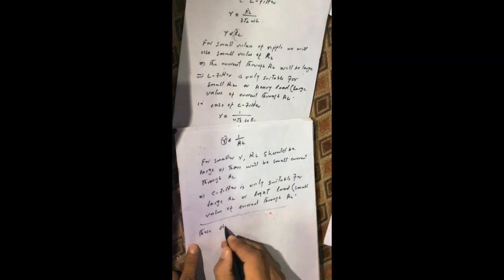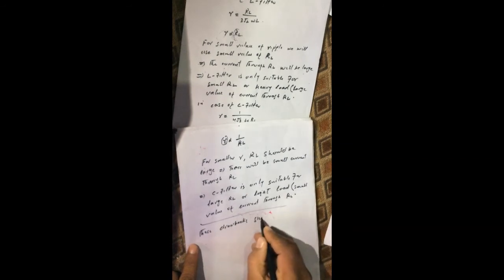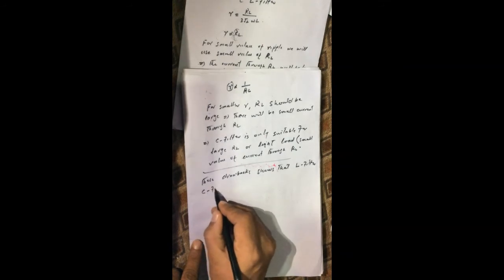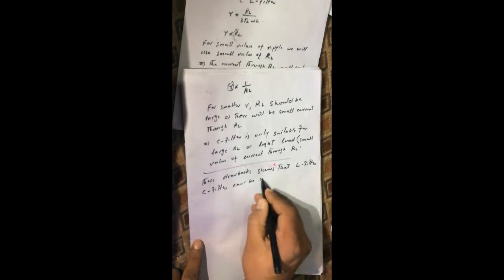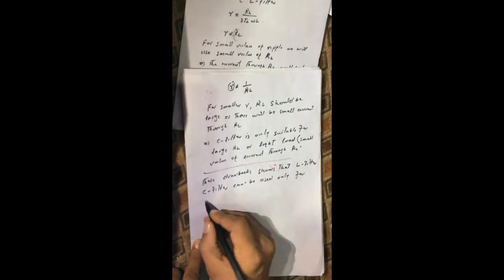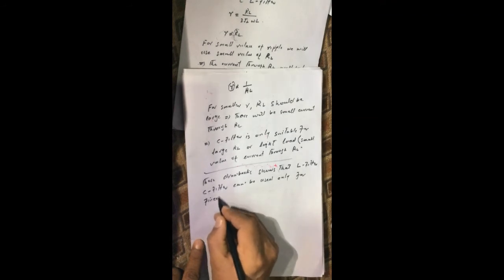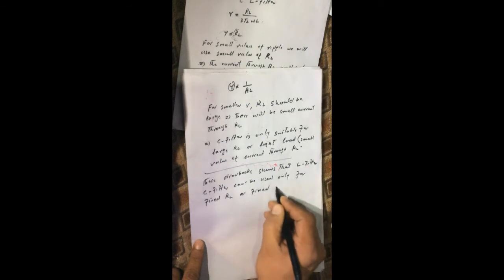So these drawbacks show that the L filter or C filter can be used only for fixed RL or fixed load.